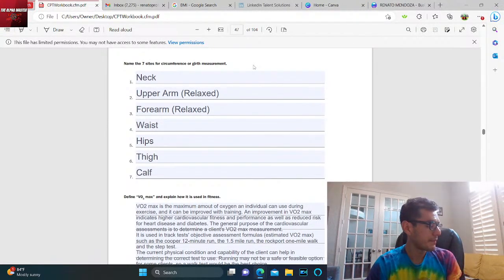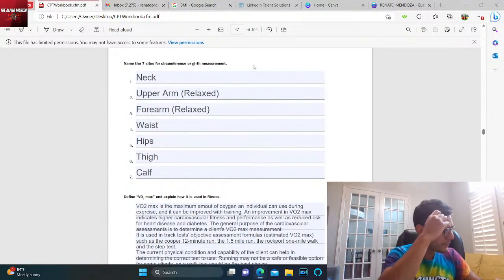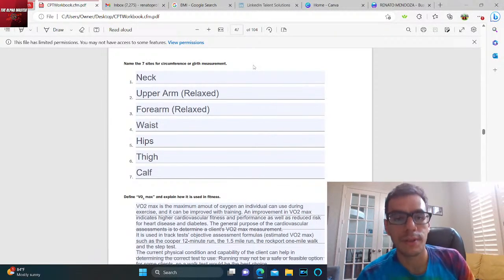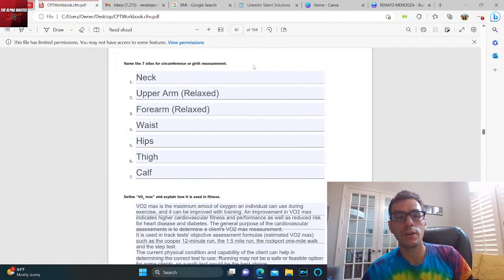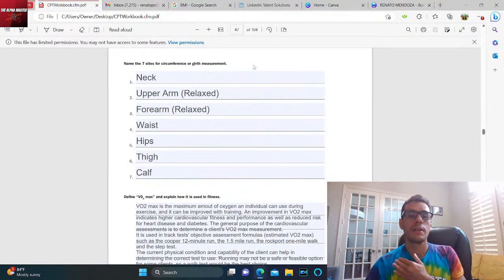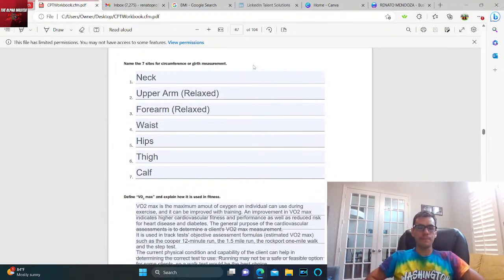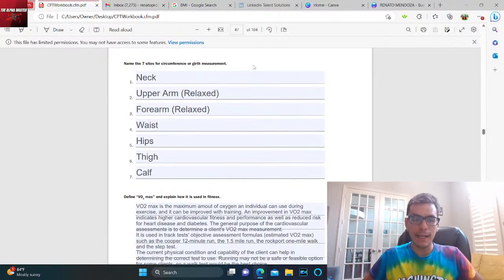The 7 sites for the circumference or girth measurement: you have the neck, the upper arm when it's relaxed, the forearm when it's relaxed, the waist, the hips, the thigh, and the calf.